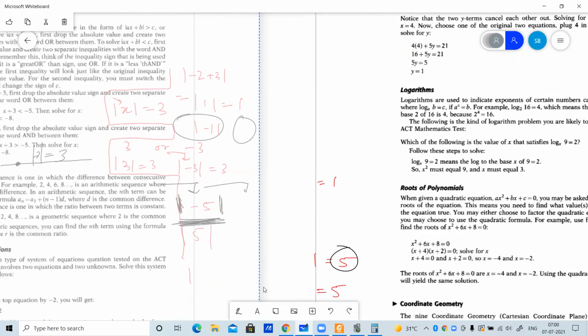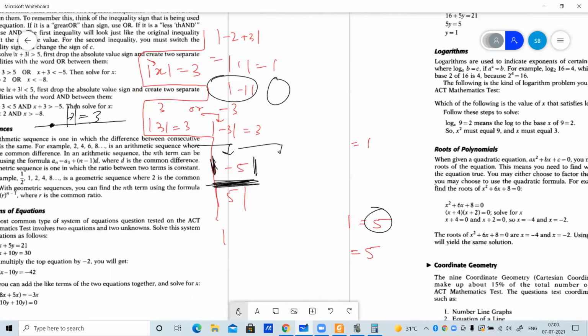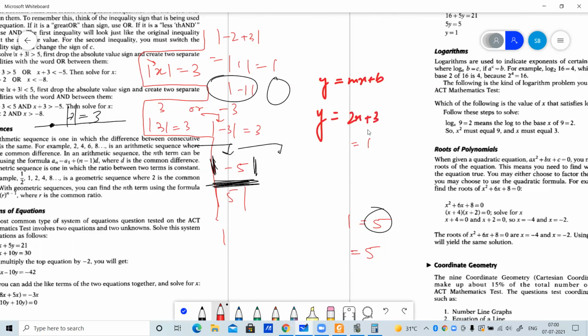So as you did solutions to an equation, the same thing is to be done with systems of equations. For example, you did y equals mx plus b, or you have the equation y equals 2x plus 3, and you were able to know that 2 is the slope, which is the coefficient of x, and 3 is the y-intercept, which is where the graph cuts the y-axis.